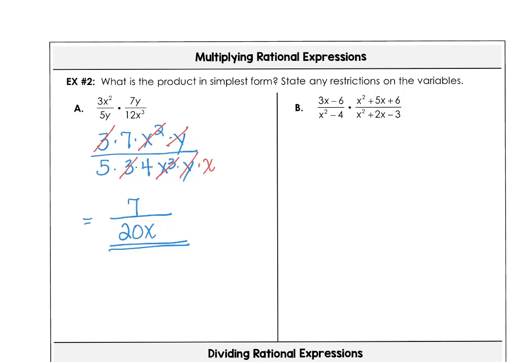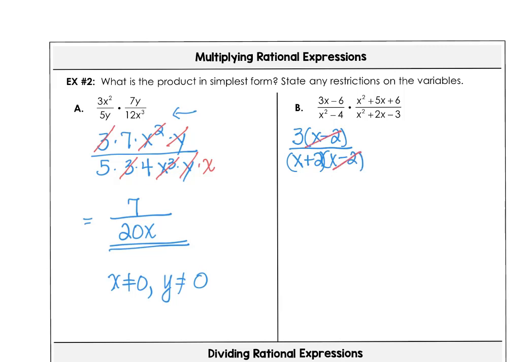And the restrictions back here from the beginning, x is not 0 and y is not 0 for our two restrictions. In part B, we have 3 times the quantity x minus 2, and that's divided by the difference of two squares, which would let us take out that x minus 2 factor from the top and the bottom in the first fraction.